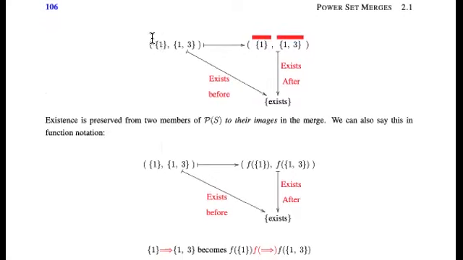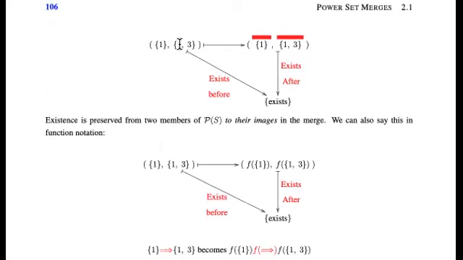This subset is a subset of this one, so we can draw an arrow relationship between them. If we're thinking about our binary operation, then this maps to exists, because there's an existence of this subset relationship between these two sets.